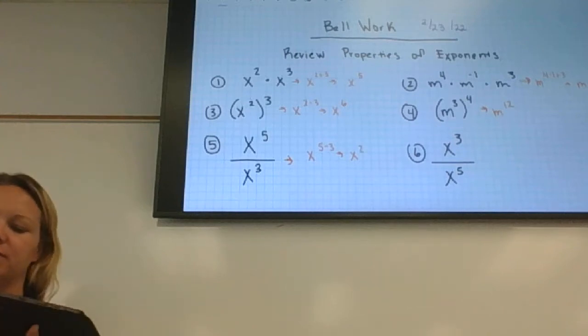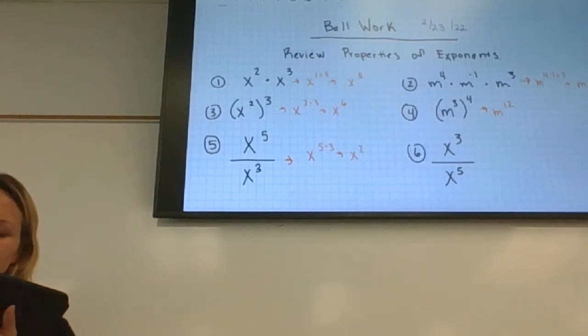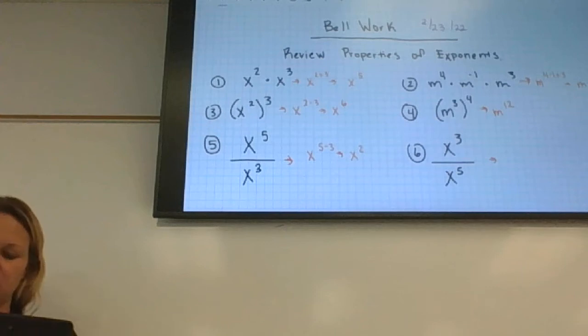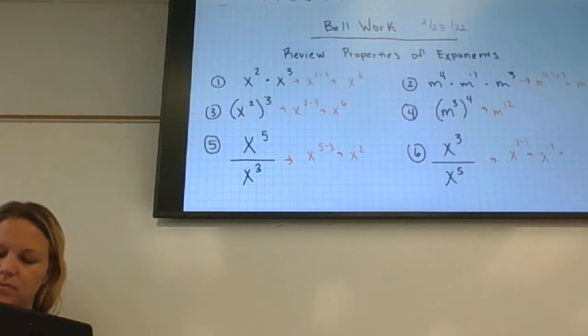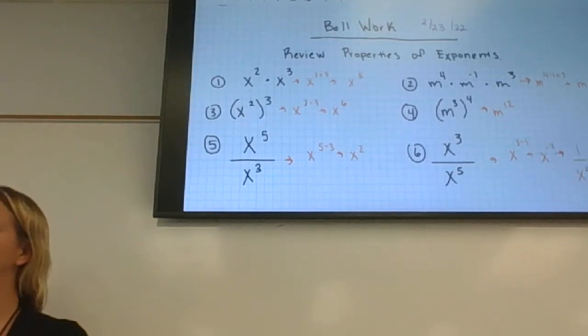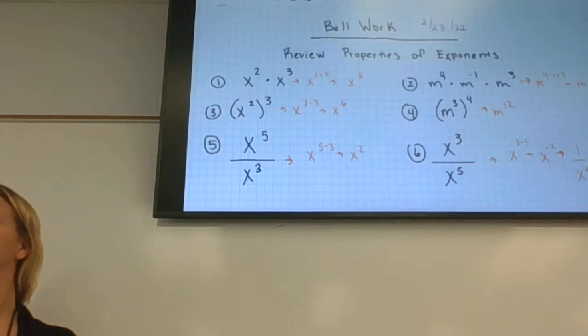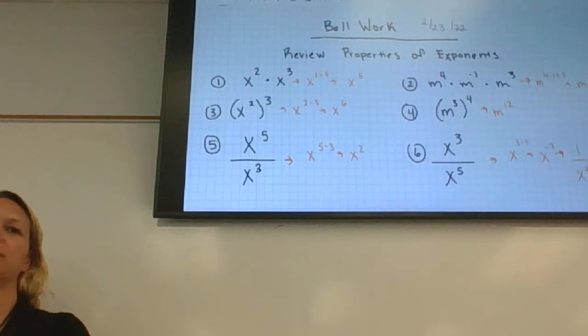Great job. X squared. Number 6. Yep. Good job. You can't leave negative exponents, so you put them under 1 and make them positive.